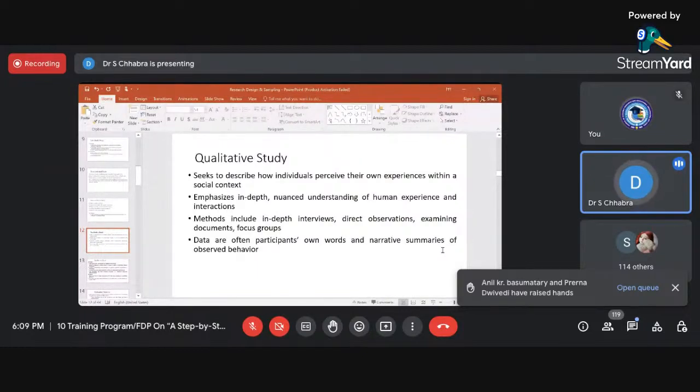Where I should use a qualitative study or where I should use a questionnaire, I should be pretty clear about what method of data collection I am deploying.